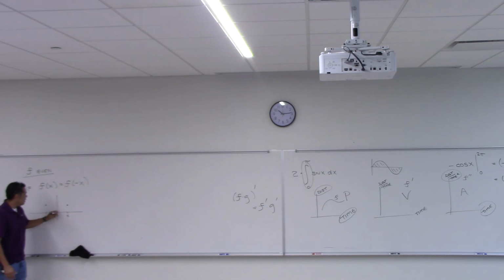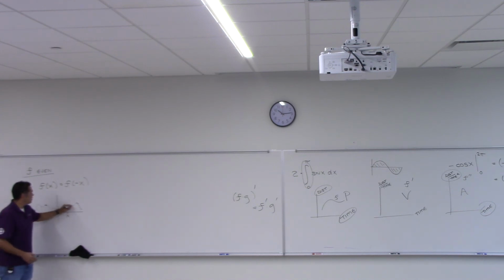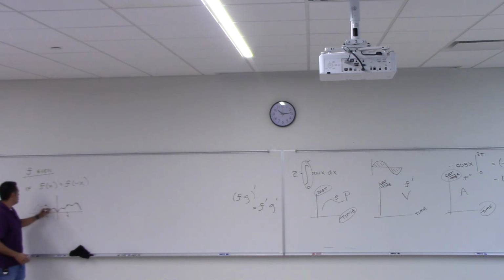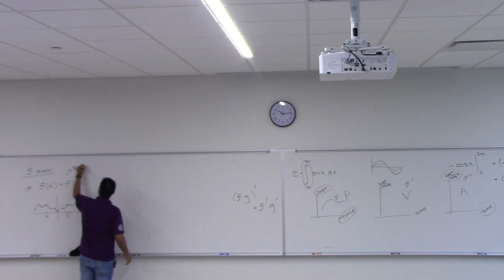So for every value over here, whatever it does, this one should be a symmetric, like mirror image of it, right? That's what all even functions should look like. There should be symmetry over the y-axis, right? So that's the main idea here. You have symmetry over the y-axis.